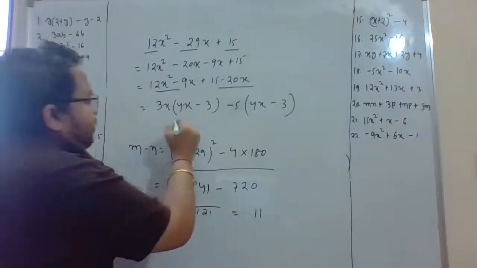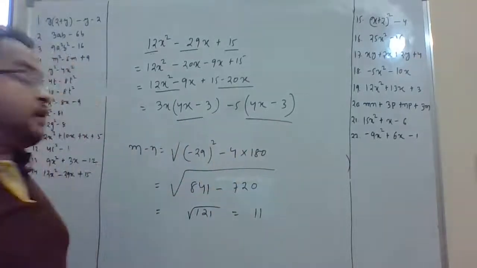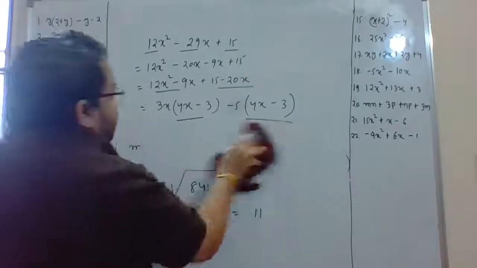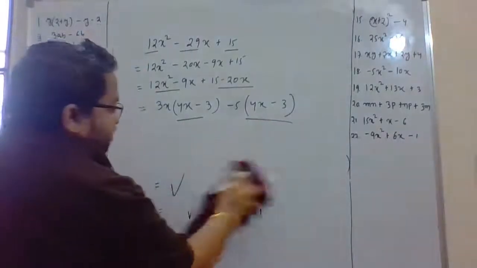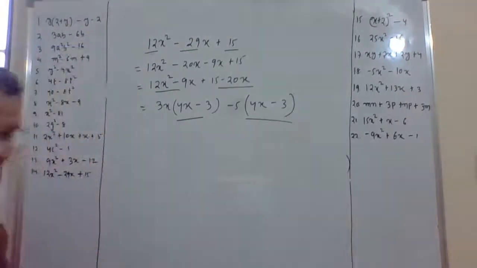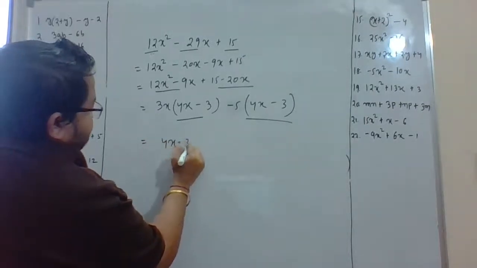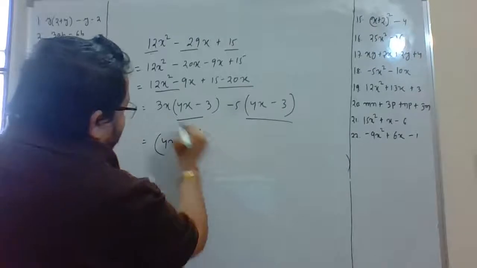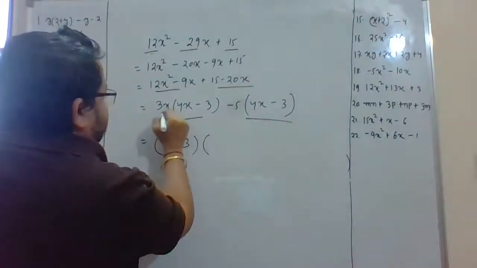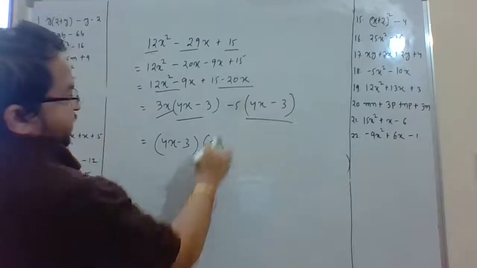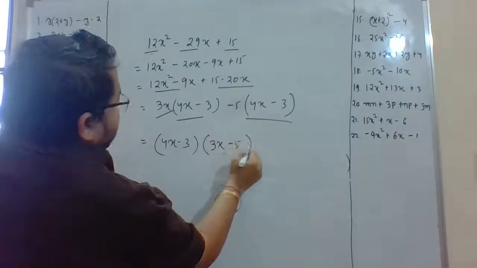So if you see, we have again got the common factor between the two terms. Now, I can take this 4x minus 3 as the common factor. So if I take 4x minus 3 as the common factor, from here your 3x will remain, and from here I'll get minus 5.